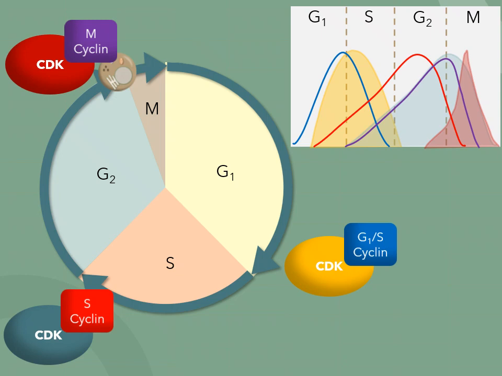MPF also activates a protein complex to cause its own breakdown, allowing the cell to progress out of mitosis and back into G1. At each checkpoint, CDK inhibitors act on the cyclin CDK complexes to slow down progression through the checkpoints, giving the cell time to repair any damage or fix any other errors that need to be addressed before moving on to the next stage.